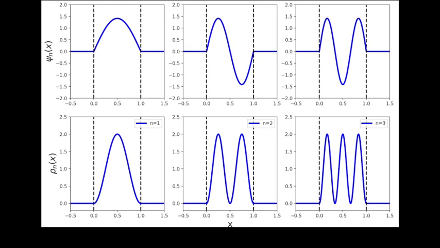The wave function is 0 for x less than 0 and 0 for x greater than L. That is true for all n equals 1, 2 and 3 cases. For n equals 1, you get a function which looks like this. It's a part of the sine curve, between 0 and 1.